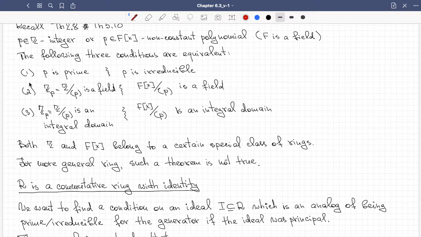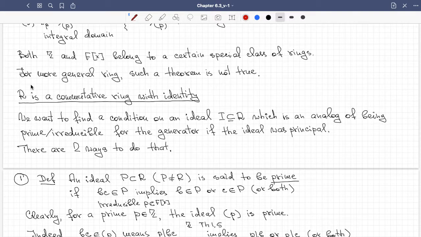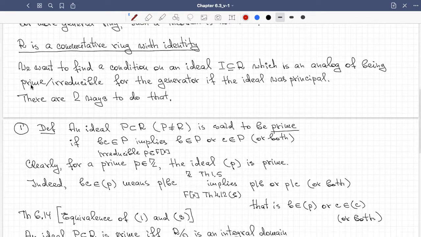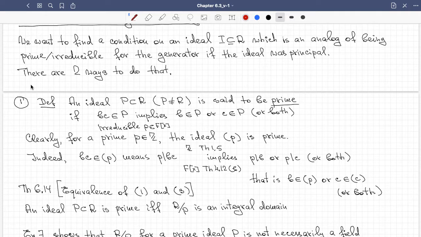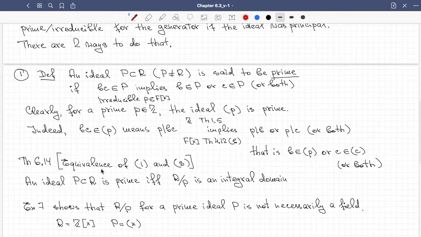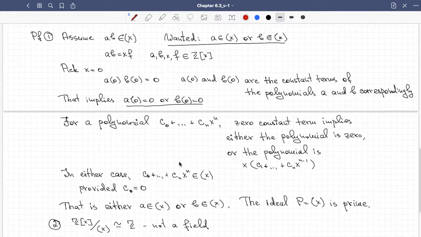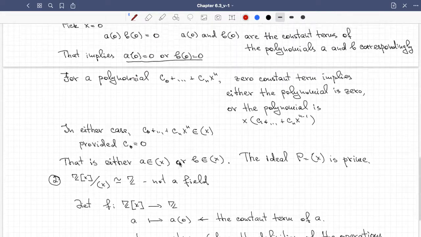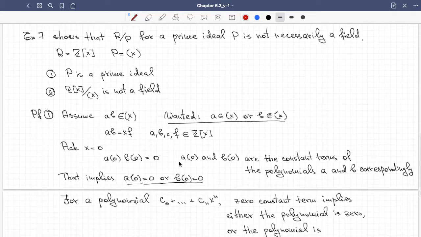We now want the second equivalence, 1 and 2. As in the first case, we got equivalence between 1 and 3 here. That was first, and now it is second.